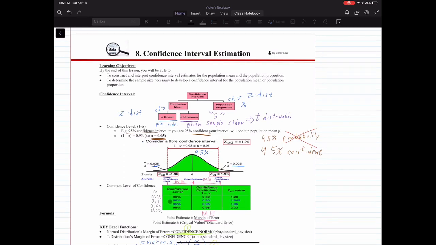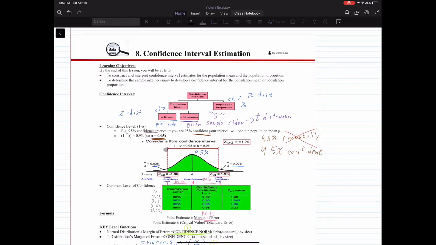If you have a confidence level of 90%, then your alpha is 0.1. If you have a confidence level of 95%, then your alpha is 0.05. And the last example that I give you is that if you have a confidence level of 98%, then your alpha is 0.02. So alpha and your confidence level have to add up to 100%.